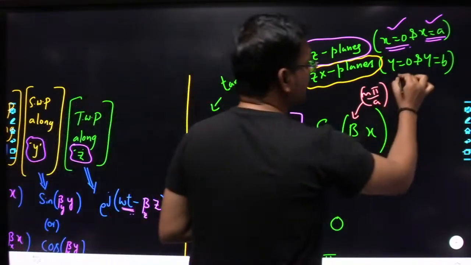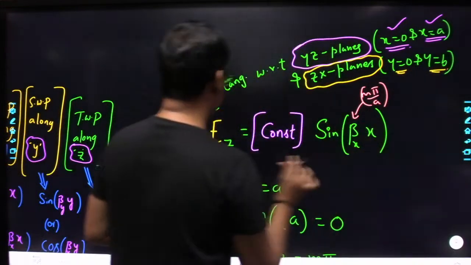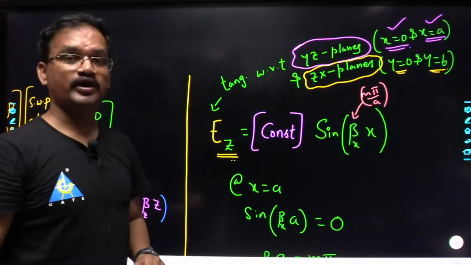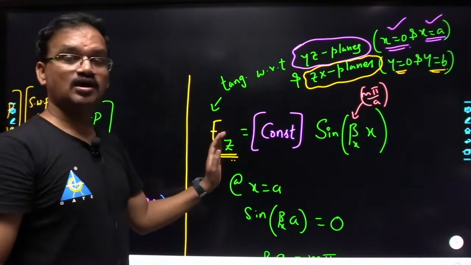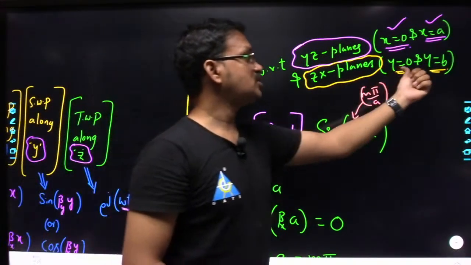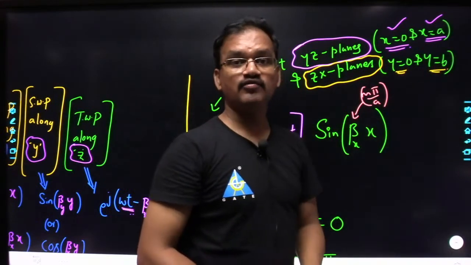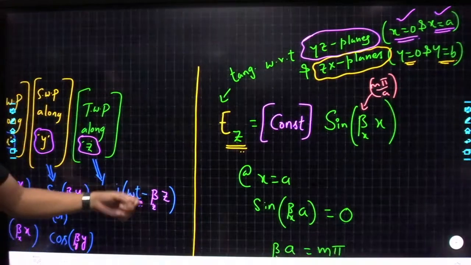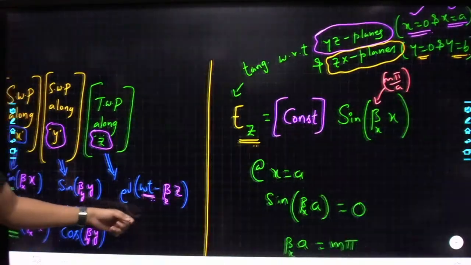With respect to y equal to 0 and y equal to b, this Ez component behaves as a tangential component. Hence this tangential component of electric field must be 0 at y equal to 0 and at y equal to b. First let us consider y equal to 0, where Ez must be equal to 0.